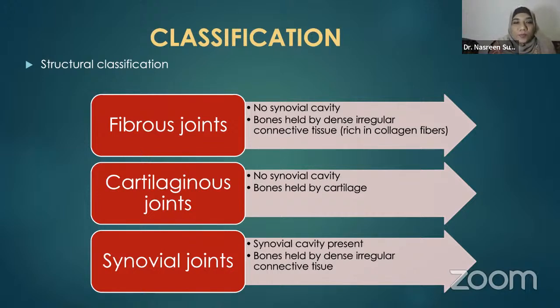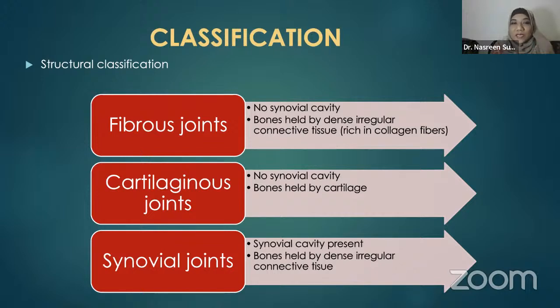Now, fibrous joints and cartilaginous joints, what is the difference between them? When there is no space between them, it means that they are held together by a tissue. So they differ in the different tissues which are present between the two bones.